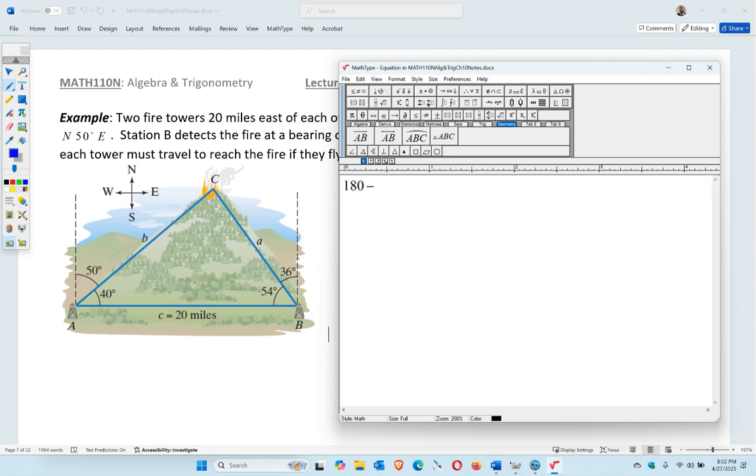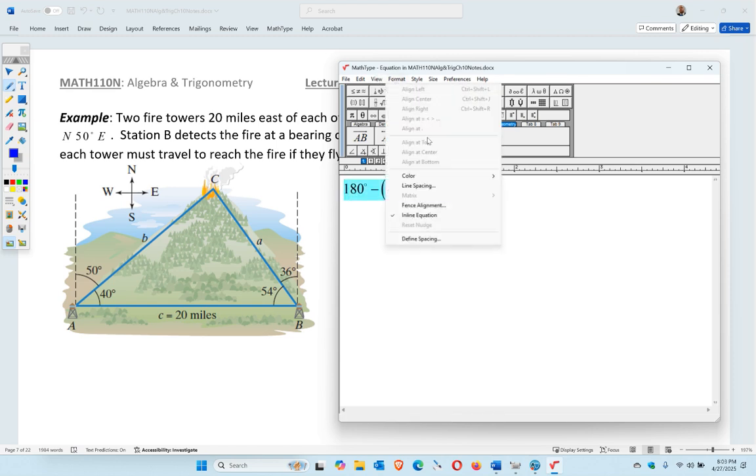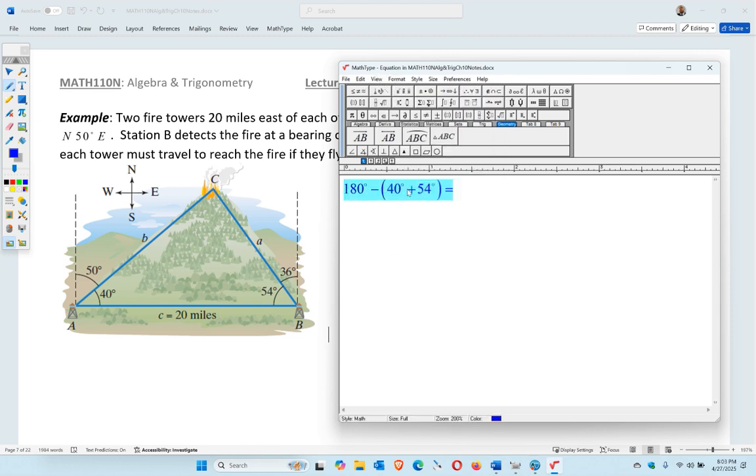Because if I do 180 minus the two angles that I do have, which are 40 and 54, which is 94, from 180 will be 86. So that is angle C.